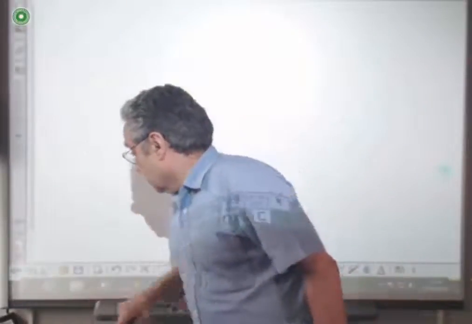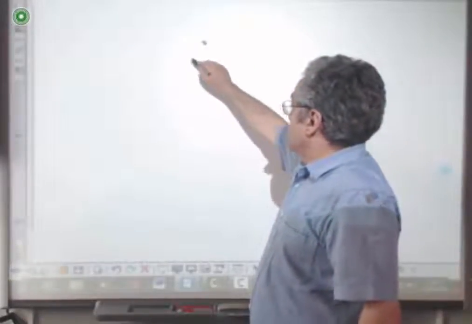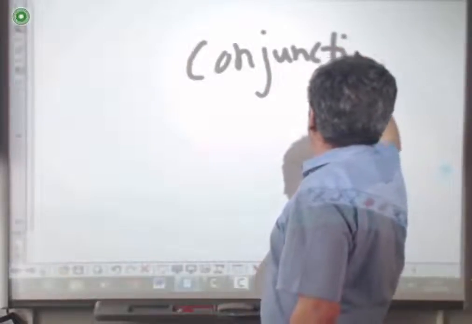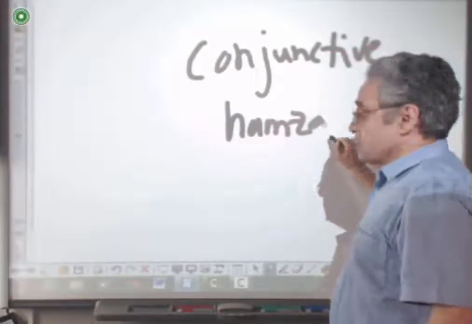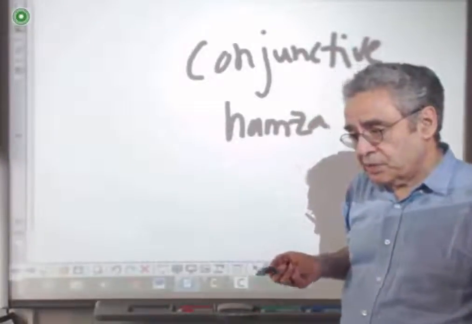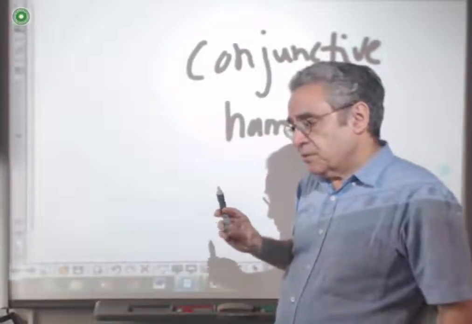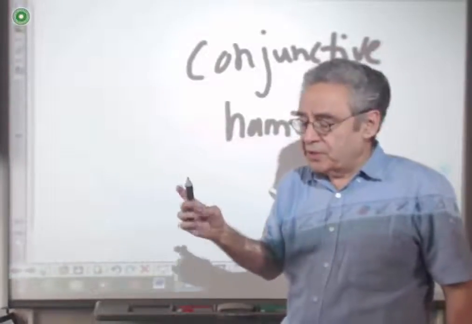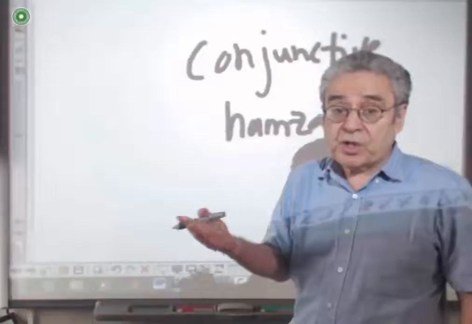It is the use of what we call, if you remember, the conjunctive hamza. I am not sure how the hamza is written in Urdu, but in Arabic we need to remember that, as we did in the last session, there is a hamza which is used just to enable us to pronounce the word when there are two consonants coming at the beginning of the word, like Scotland.